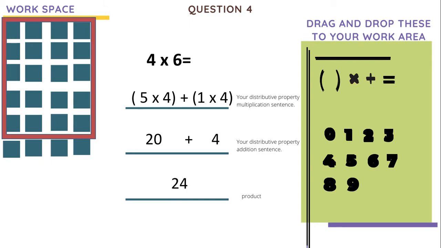So I'm going to make a new number sentence. My number sentence is 5 times 4 plus 1 times 4. 5 times 4 equals 20. 1 times 4 equals 4. When I add those together, I get 24.